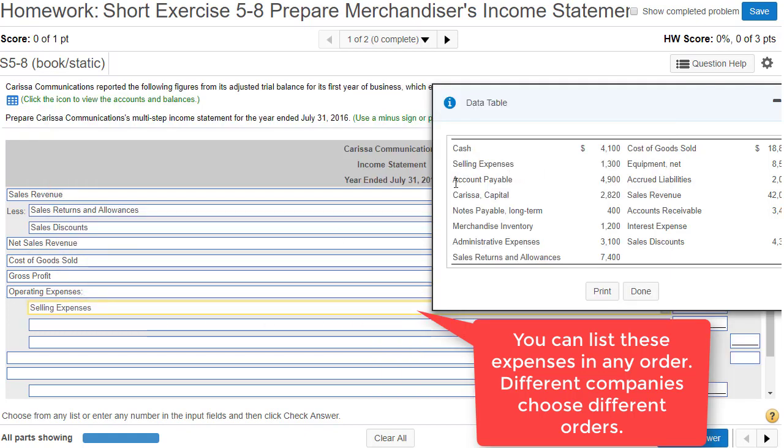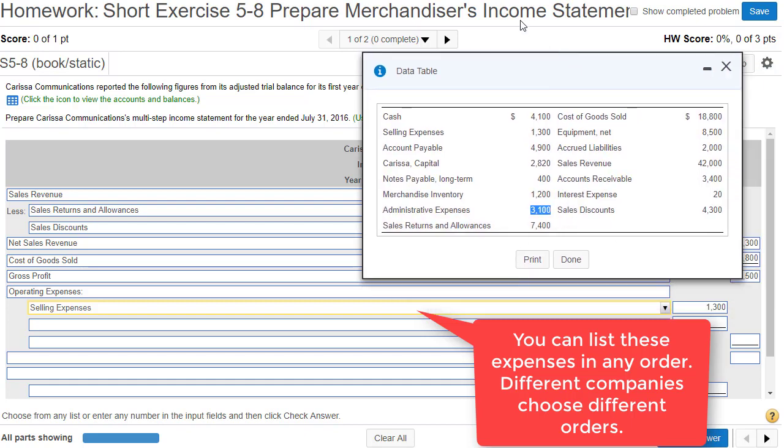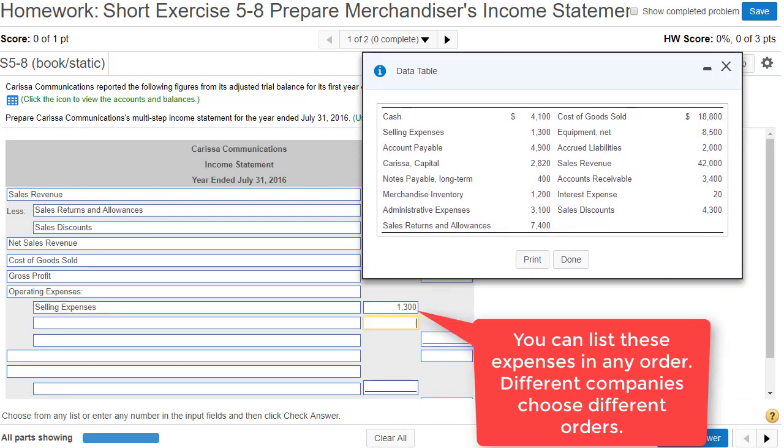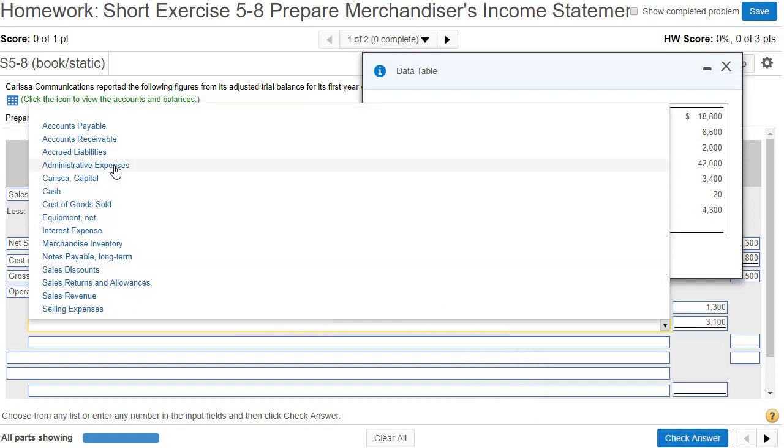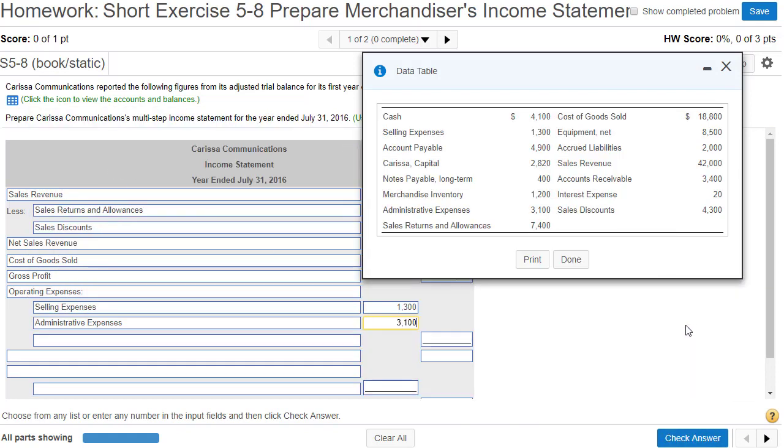And then working our way down, we've got administrative expenses. Selling expenses are any expenses to do with selling the merchandise, like advertising, the wages of the salespeople, etc. And these administrative expenses are related to administration, like the admin person who works at the front desk and also the accountant salaries, etc.